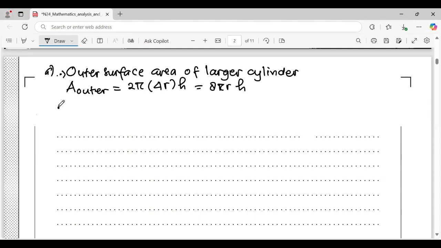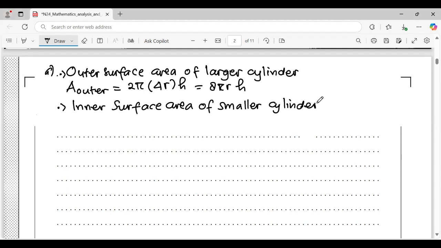The second is about the inner surface area of the smaller cylinder. A inner is equal to pi r h.